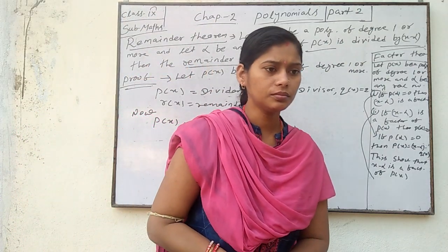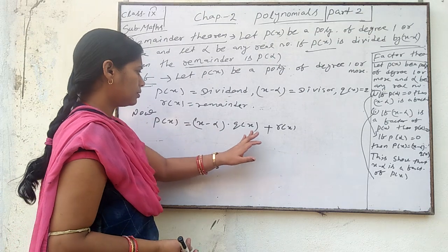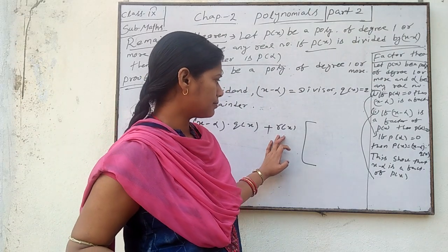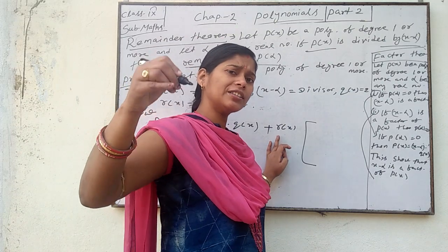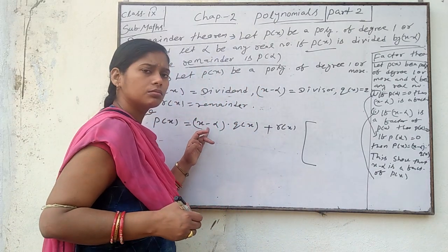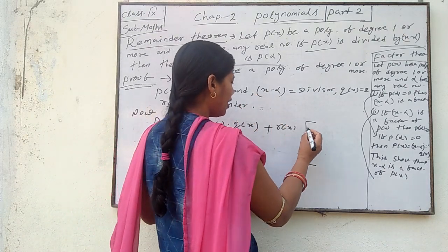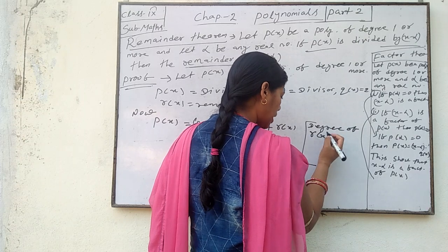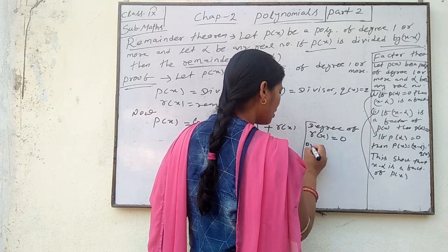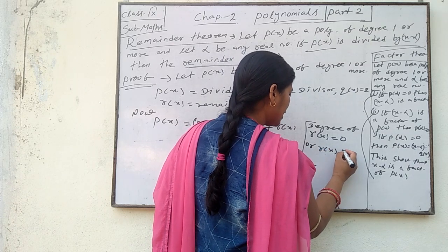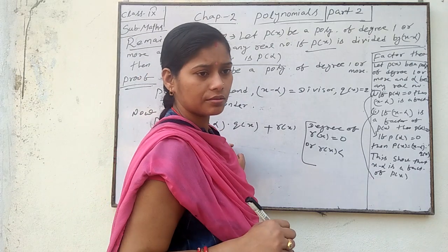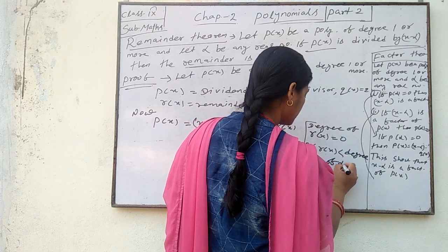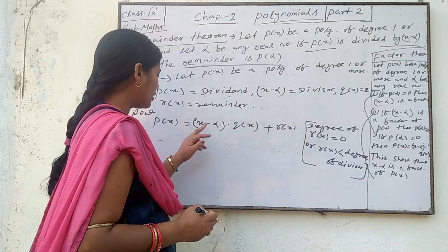Clear? Now the degree of the remainder r of x is always either equal to 0 or less than the degree of the divisor. So the divisor is x minus alpha.